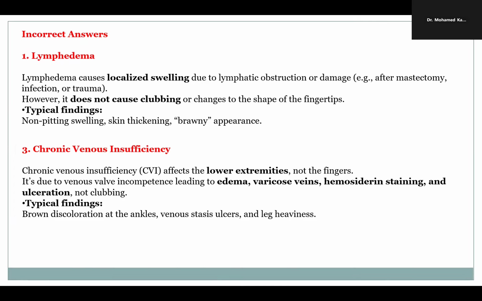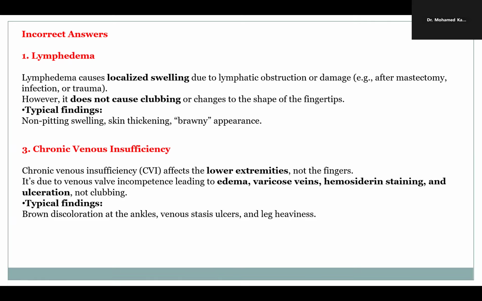It will not cause clubbing or changes in the shape of fingers. So usually the finding with lymphedema will be non-pitting swelling, and skin thickening in the later stage, because lymphedema goes through different stages. The brawny appearance will be at stage 3 and above.